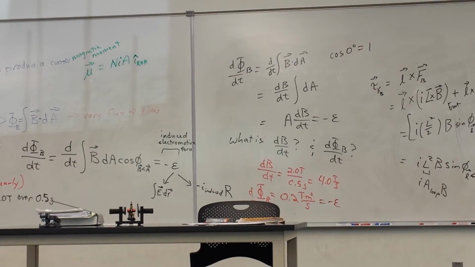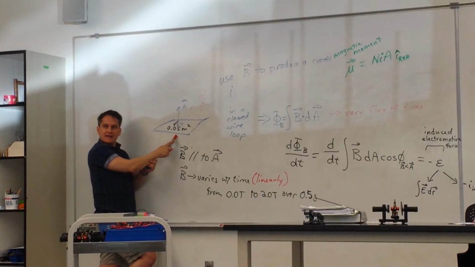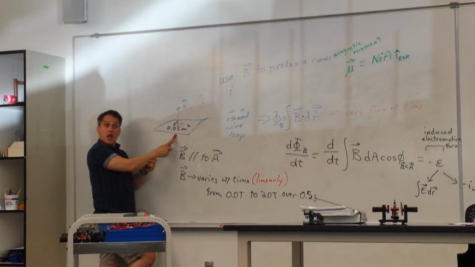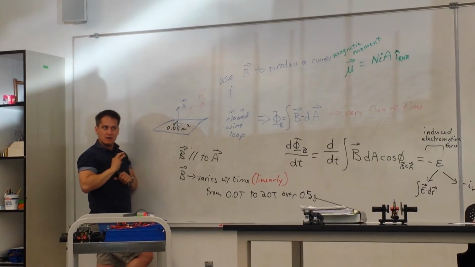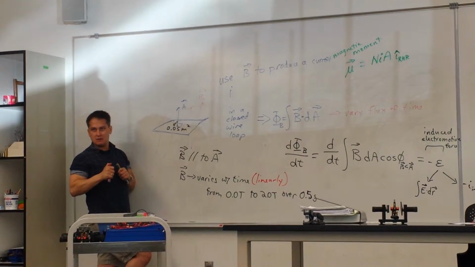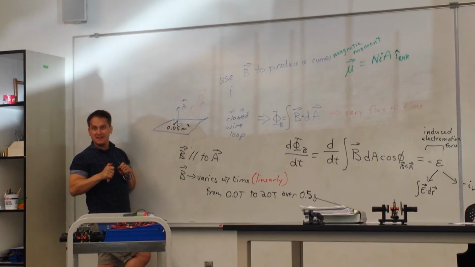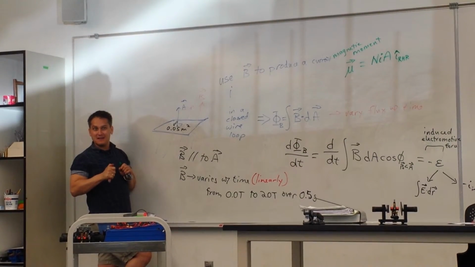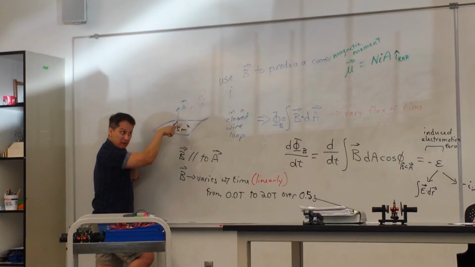If the current generates a magnetic field in the direction of the changing field already, what's going to happen to the field? It's going to perpetually change. It's going to change even more by the presence of the current being produced.